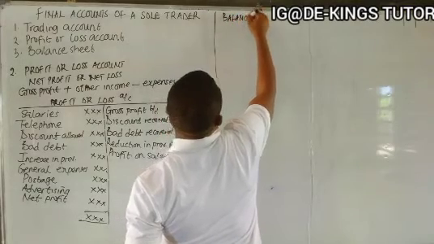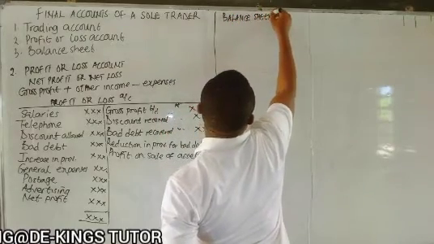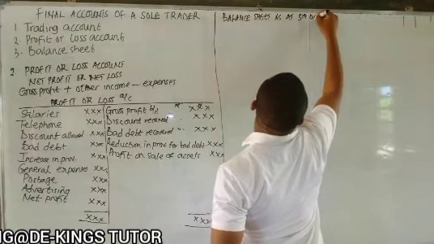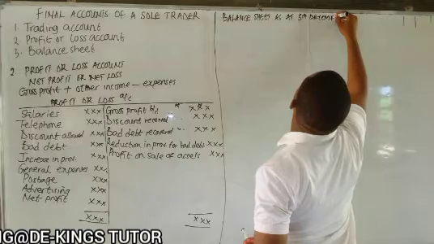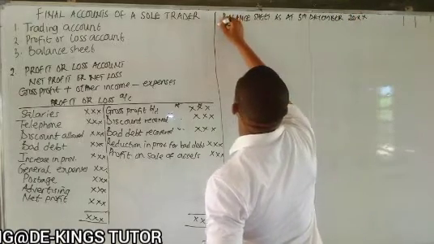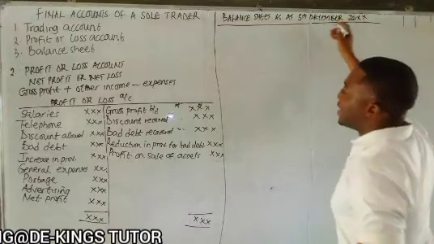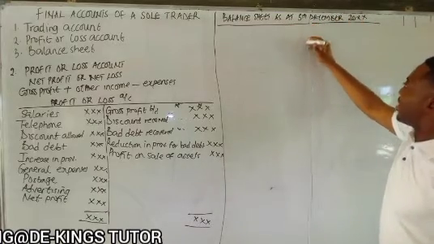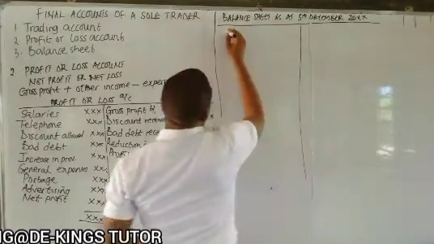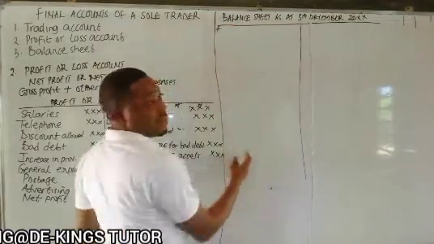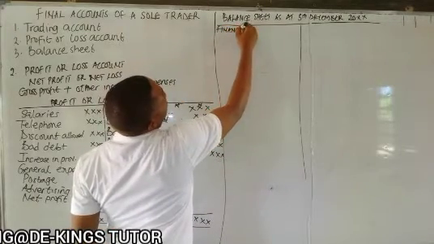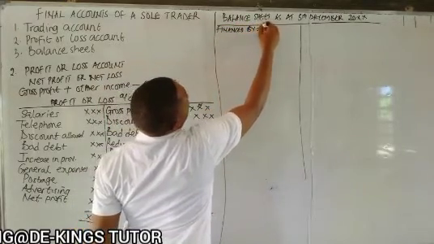Balance sheet as at 31st December 20XX, depending on the year. So it is normally written as at. Now, on the left hand side, we don't have a debit side, we have financed by.